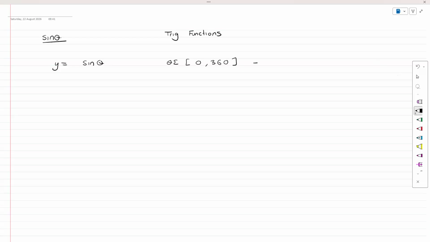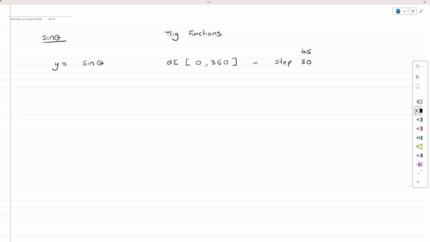So my rule for trig functions would be to step in 30s for sine and cos. Teachers can step in 45s if they want to, but generally it's up to you to decide. Because if they give you a graph and it's stepping in 45s, then you follow along. If they give you a graph and the graph paper has 30s, you follow along.